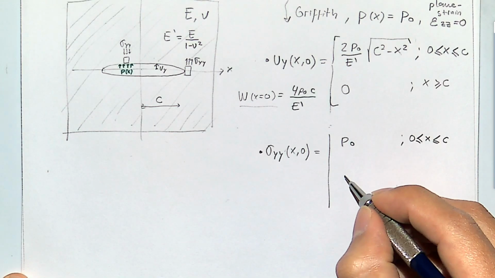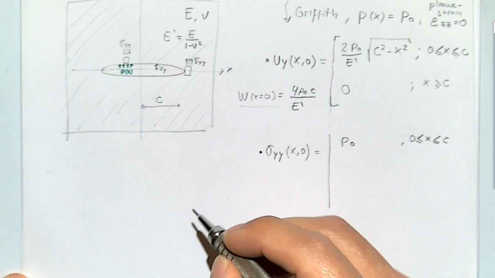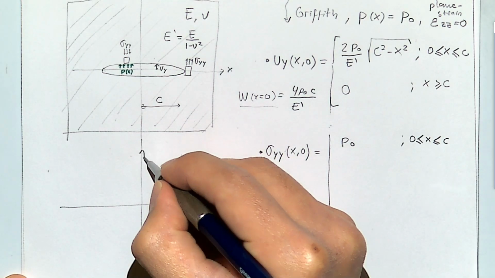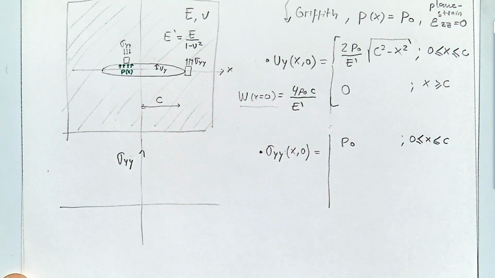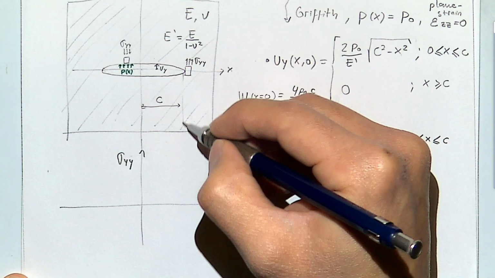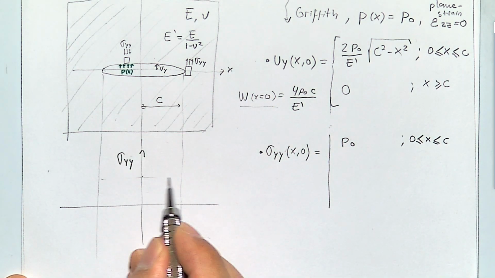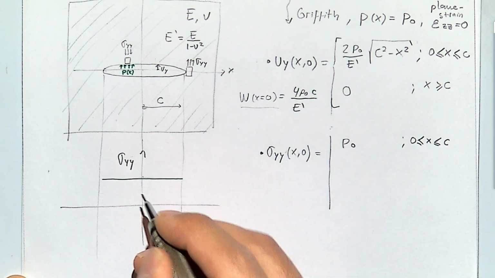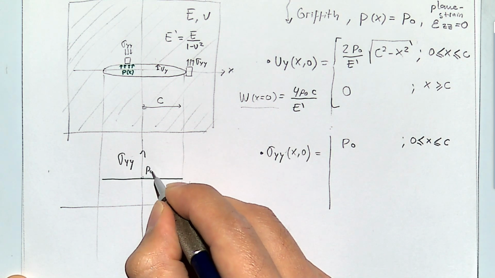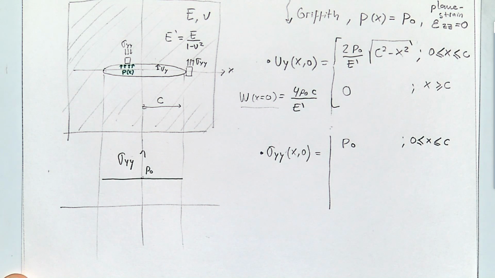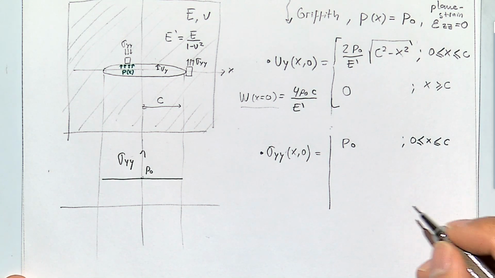And let's make a plot of that. So if this is sigma yy, then we have compression with a value equal to P naught inside the fracture. But after the tip, what Griffith found is that the solution was this.